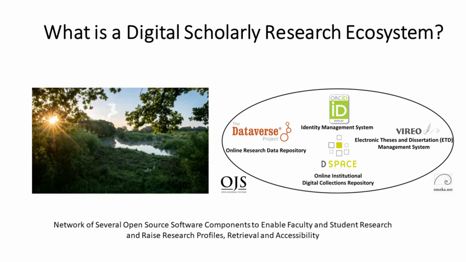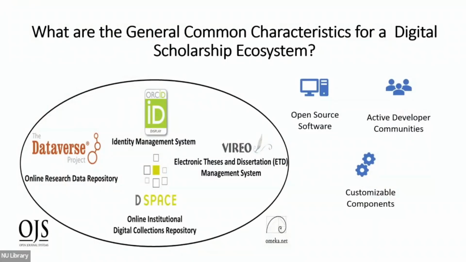And thinking about things using this ecosystem metaphor allows you to begin to think about the synergies between these different applications that I'm going to talk about today. And using the ecosystem metaphor is going to help you enable your faculty, your students, and your university in terms of raising the research profiles and raising the impact factor of this research.